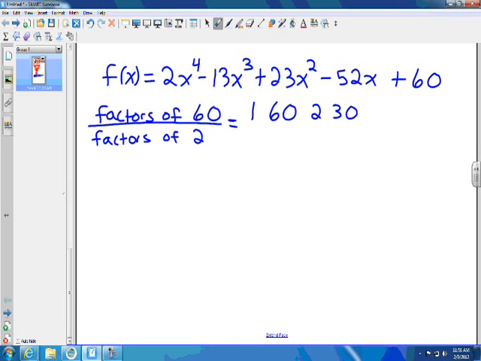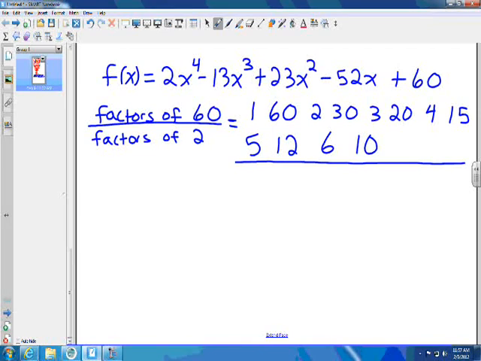Let's do 3 first. 3 and 20, and he already said 4 and 15. 5 and 12. 6 and 10. Do 7, 8, or 9 go in? No, and 10 does, and we've already got 10. So that's all. Factors of 2.